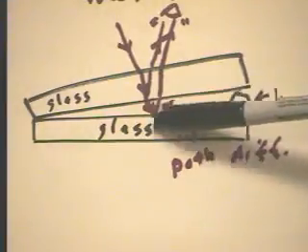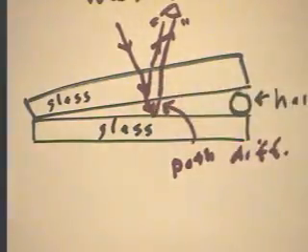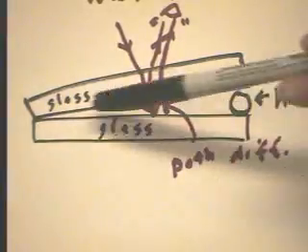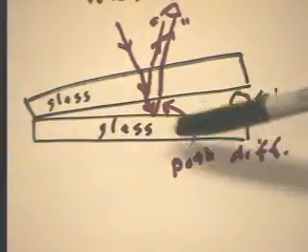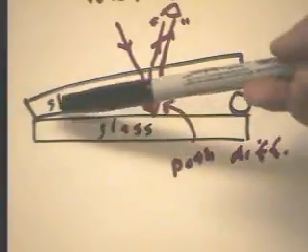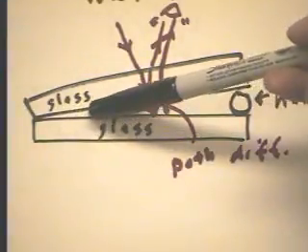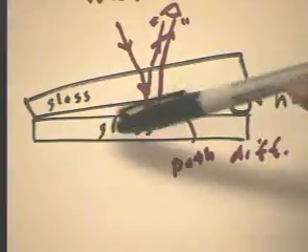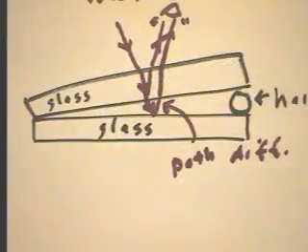So again, you have a path difference here. As you move from this point to this point along the glass, this path difference increases. It'll go from 0 to 1/2 a wavelength to 1 wavelength to 1.5 to 2 to 2.5 to 3 and so forth, maybe up to 100 wavelengths.